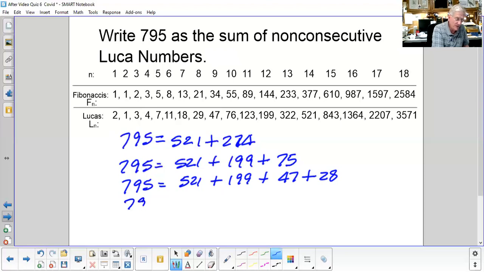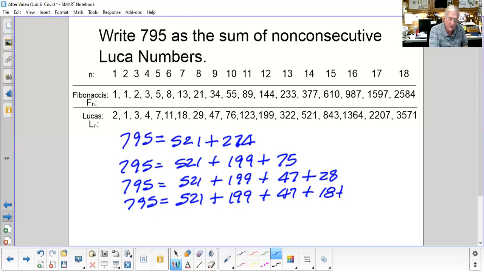So I go 795 equals 521 plus 199 plus 47 plus what is the closest Lucas number to 28 that's smaller? It's 18. And the difference I would get is 10.